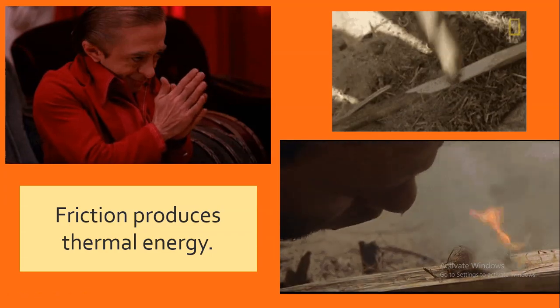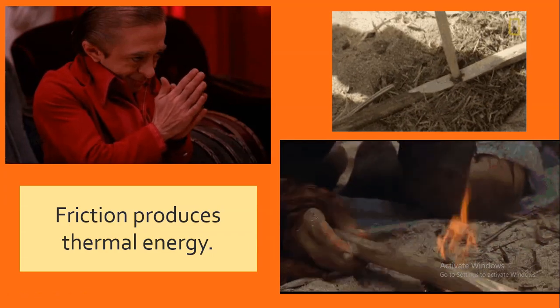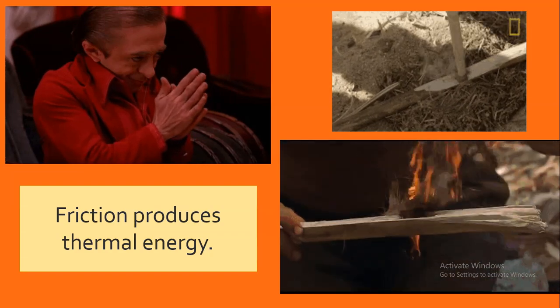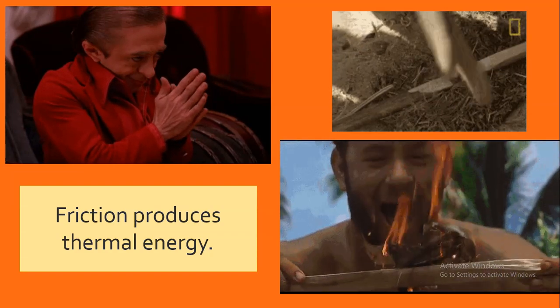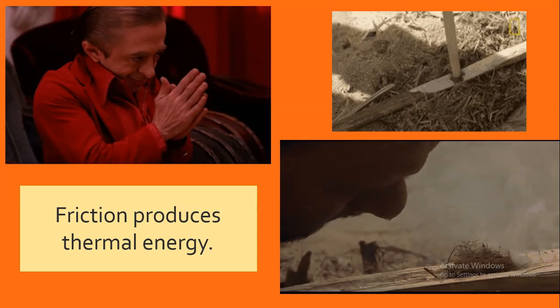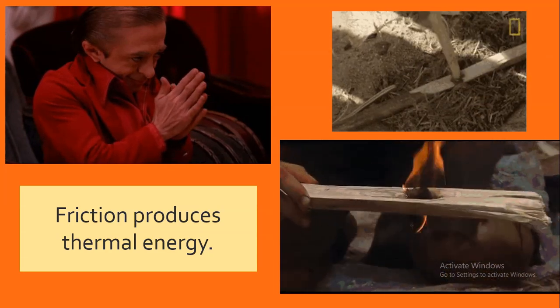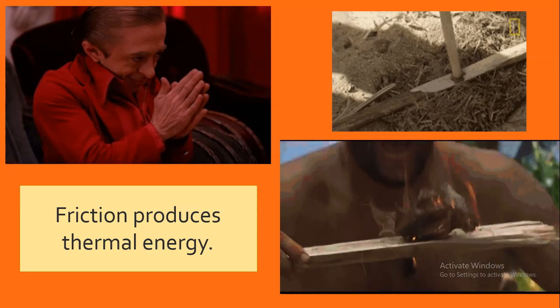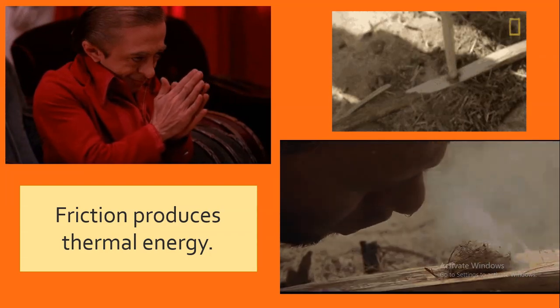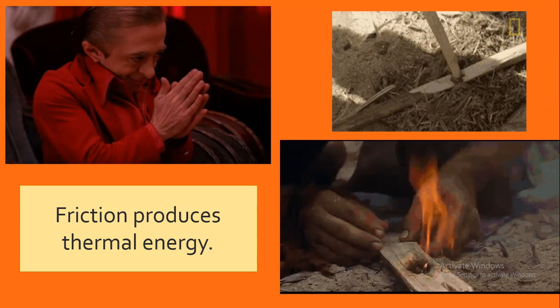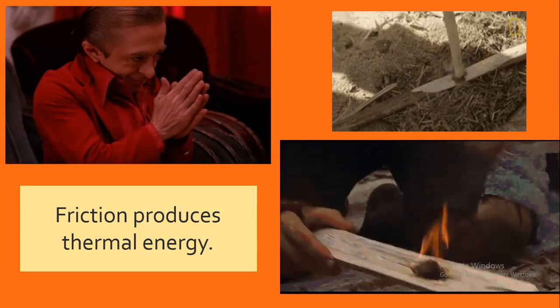We studied friction before. What is friction? Friction is a force that occurs when one object rubs against another object. Friction slows down and stops motion between two surfaces that touch. But here I need friction to produce thermal energy.